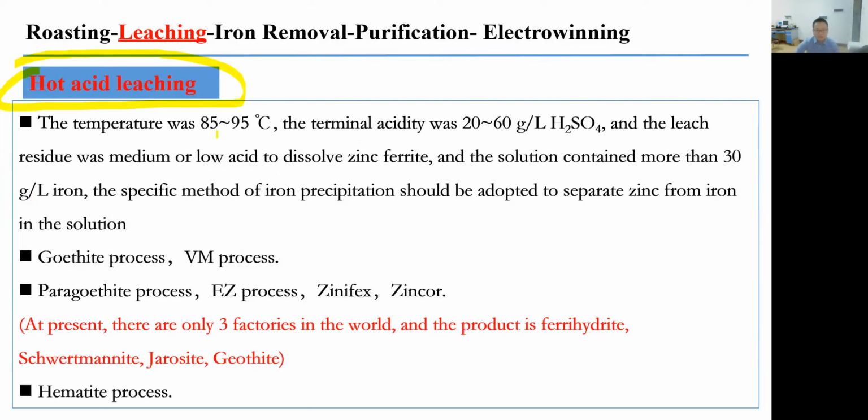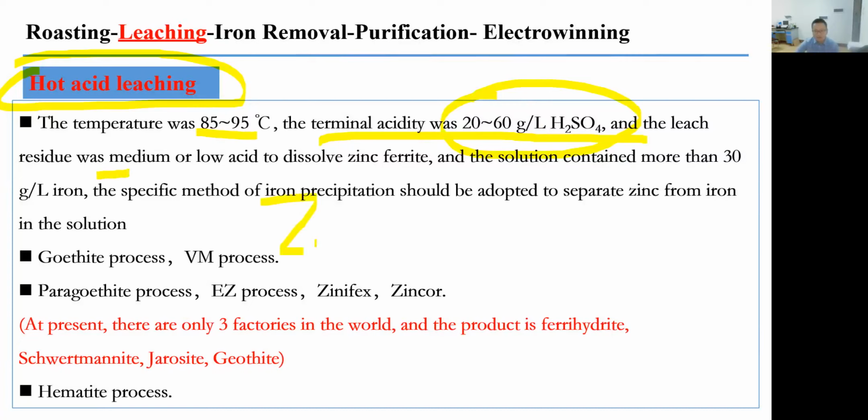The temperature increased to 90 degrees C, almost the boiling point at ambient atmosphere, and terminal acidity reached 20 to 60 gram per liter. So it's quite a strong acidic atmosphere. So the leaching residue can be well leached out.